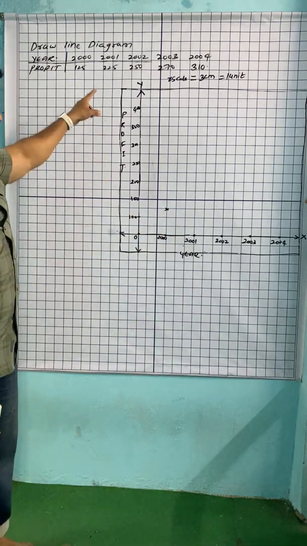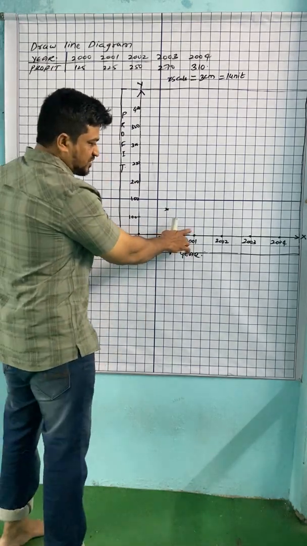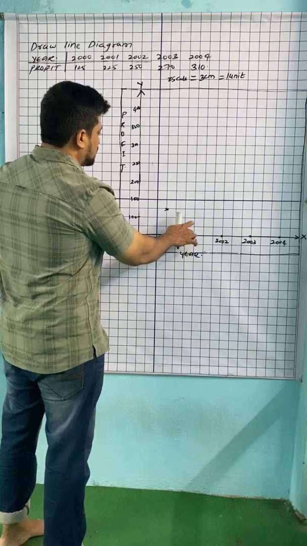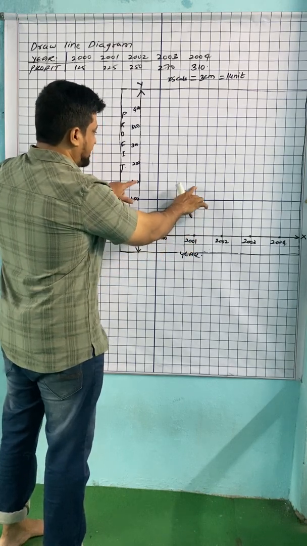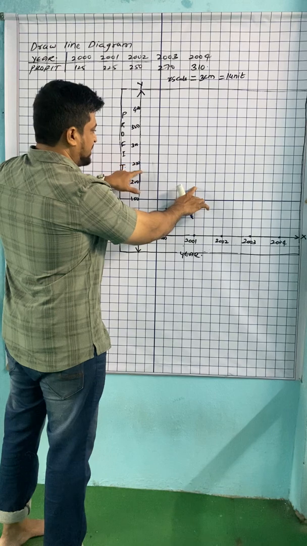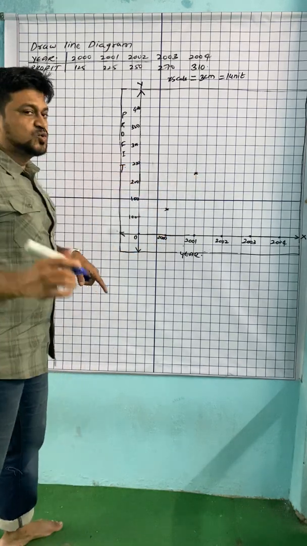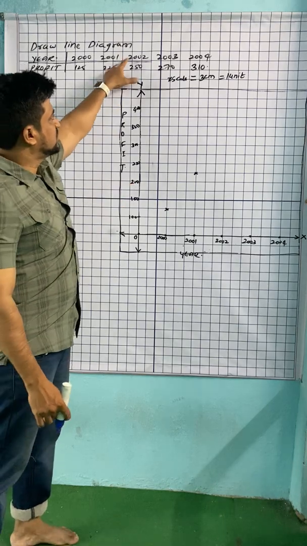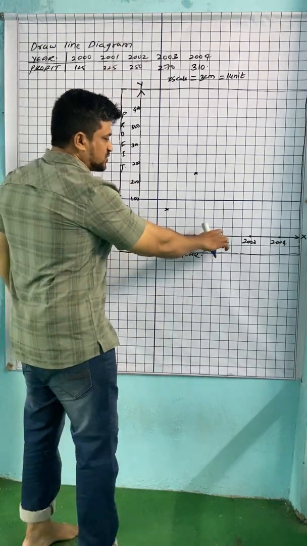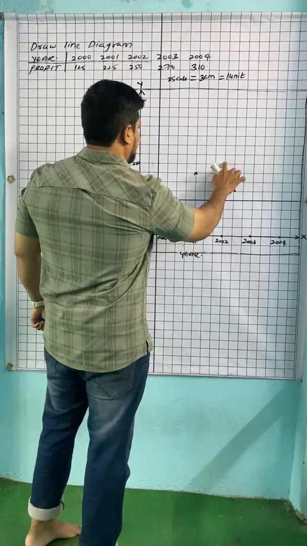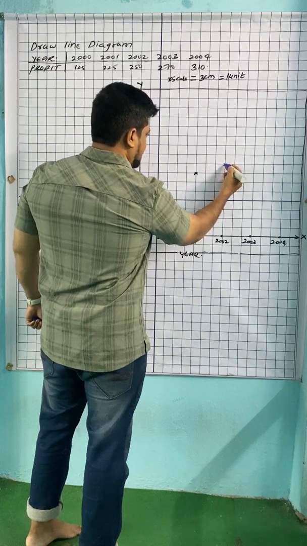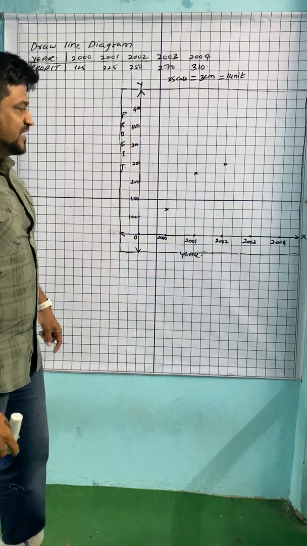Then 2001, 225. From the 2001 point, 225. This is 200, this is 250, so in between, this is 225. Now 2002, 250. Then 2003, 270.